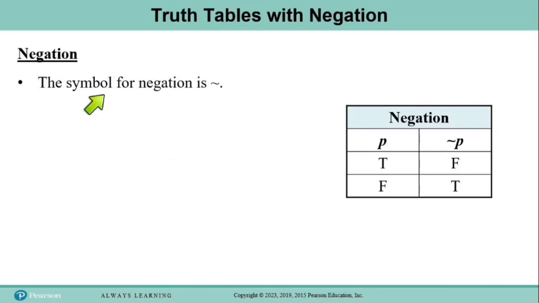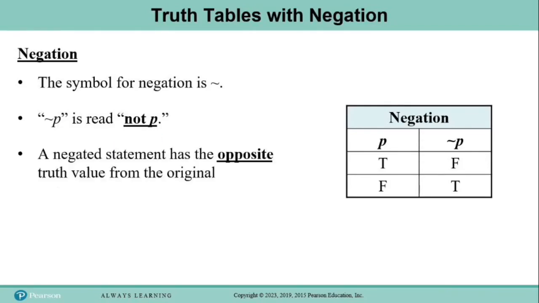As you remember from a previous section, the symbol for negation is the tilde. When we see something like tilde P, we read that as not P. And you remember that a negated statement has the opposite truth value from the original statement. We said before that the negation of a true statement is a false statement, and the negation of a false statement is a true statement.